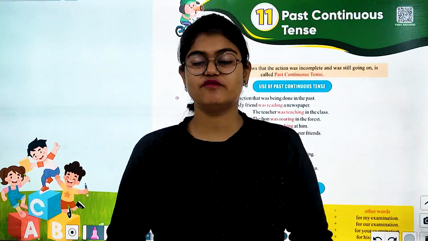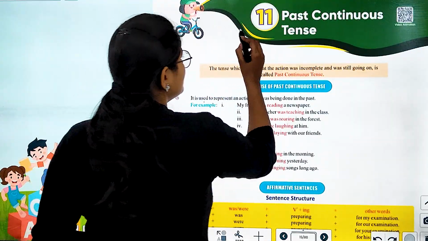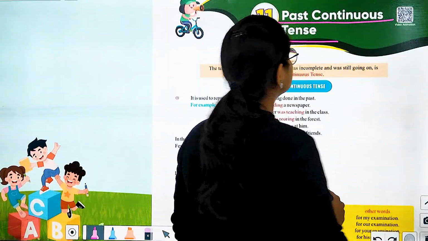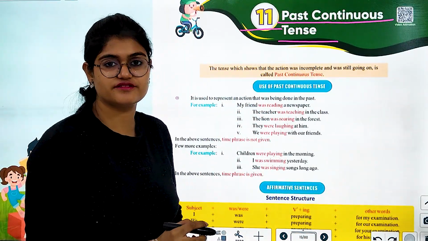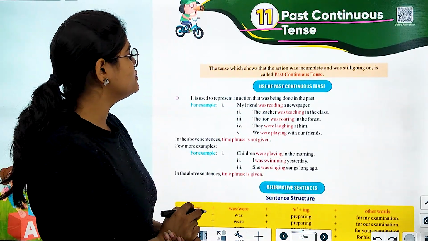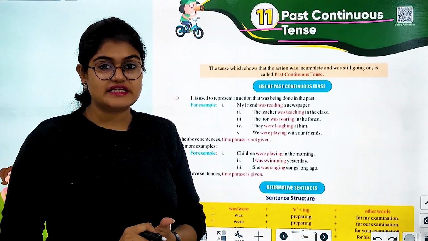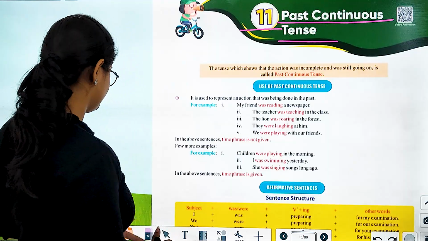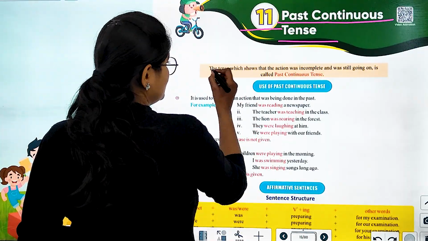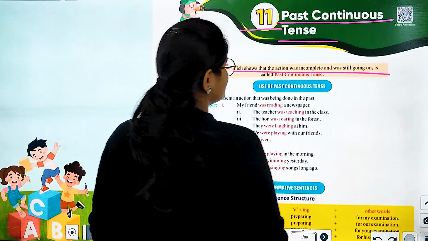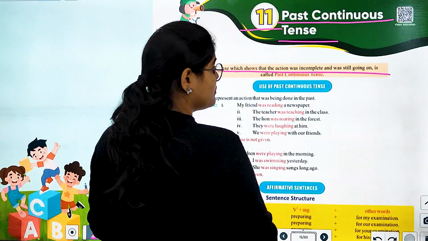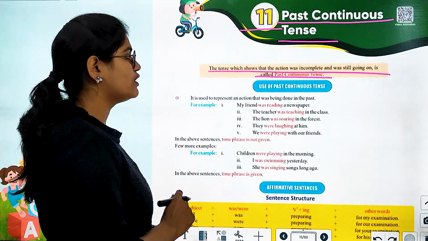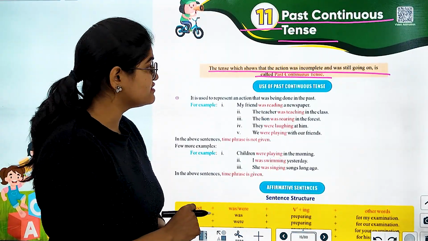So let us begin with chapter number 11 of grammar, and the name of the chapter is the past continuous tense. Right? So first of all, let's see कि past continuous tense आखिर क्या है. They say the tense which shows that the action was incomplete and was still going on is called the past continuous tense.